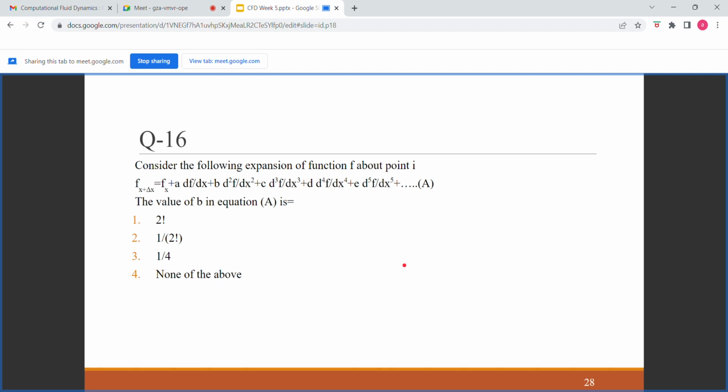So yeah, the answer would be, since b is delta x square by 2 factorial, then none of the above would be the correct answer. So we will see what the answer is. Answer should be option 4. It is 1 by 2 factorial into delta x square. This is given, but only half of the term is given. It is delta x square by 2 factorial.